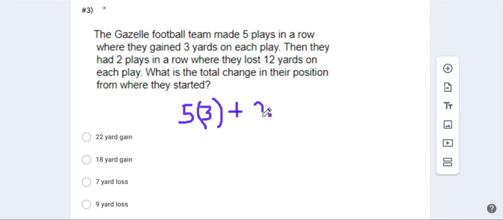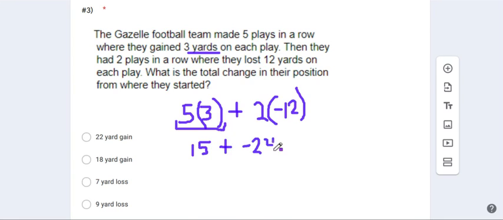So 5 times 3 is 15. Then if they have 2 plays where they lose 12 yards, that means they went backward 24. Or I could say 2 times 12 is negative 24.